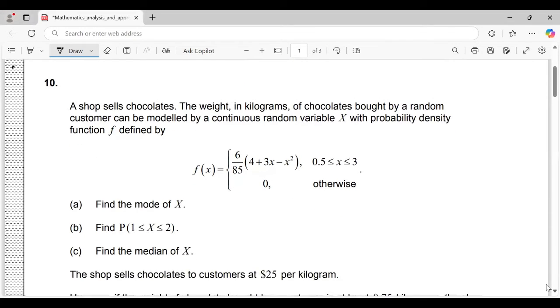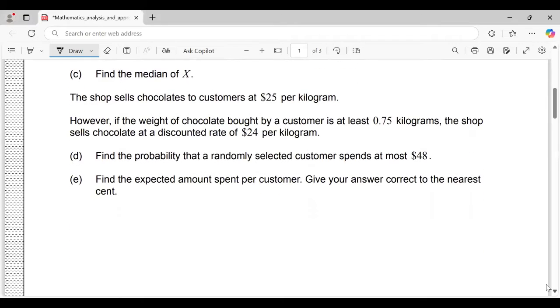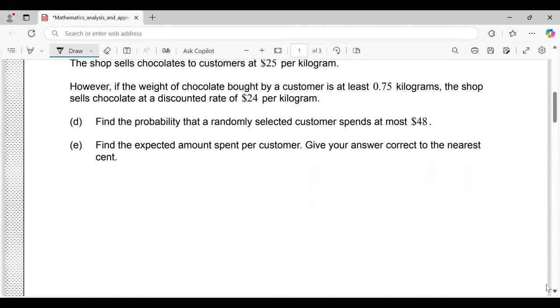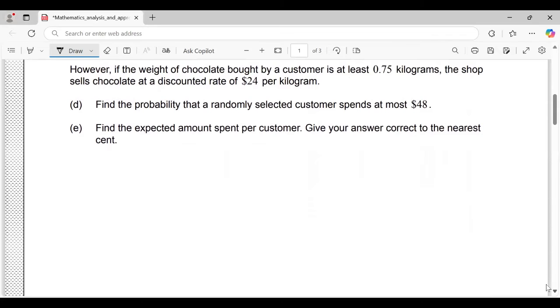The mode of x we can find through the maximum or minimum point of a function. So how to find the maximum and minimum point of a function? We need to state that the first derivative equals 0.